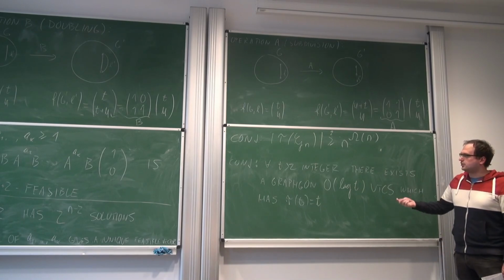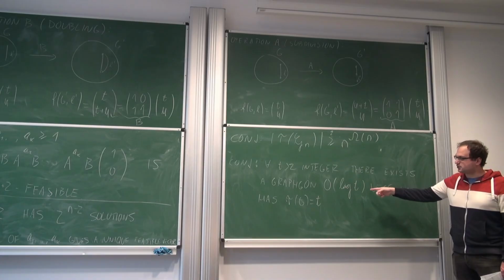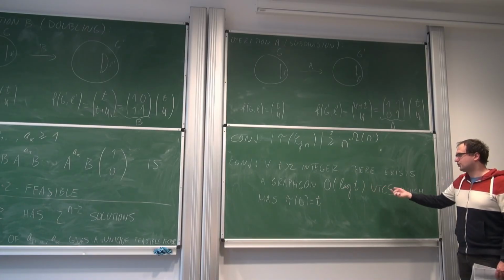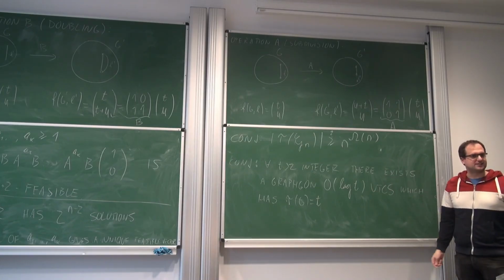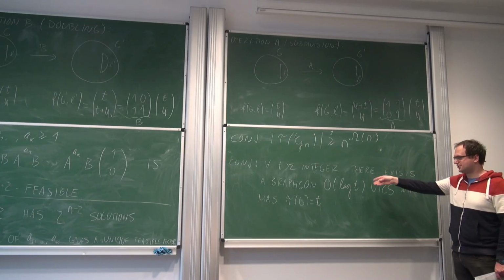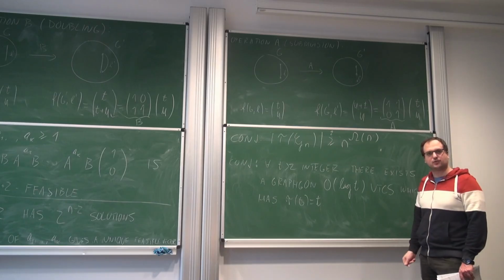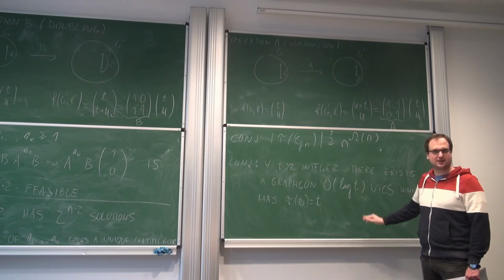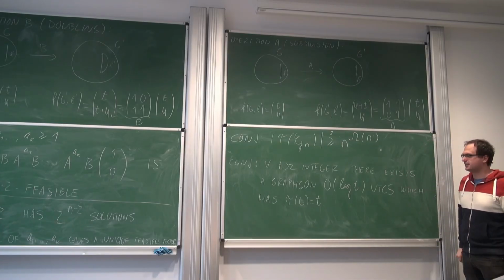Also, Chan, Kontorovich, and Pak proved that this is true for almost all integers, so for a set of positive upper density. So for most integers, you will be able to do that. The question is, can you really do it for all of them? This is still using number theory, which we don't know how to get rid of, even if you just want to hit any of these things.